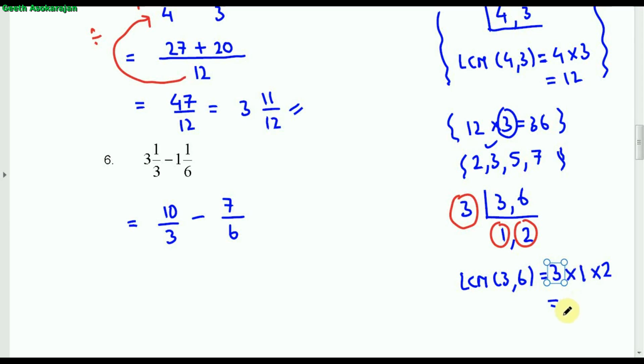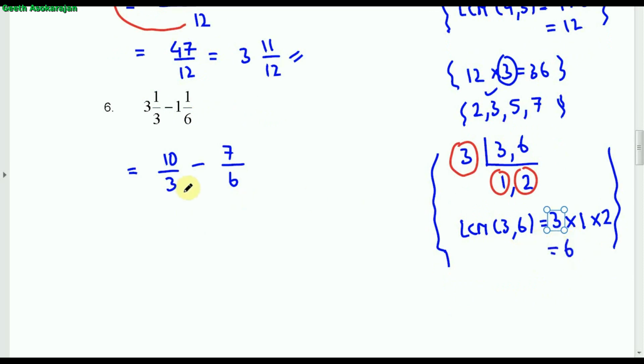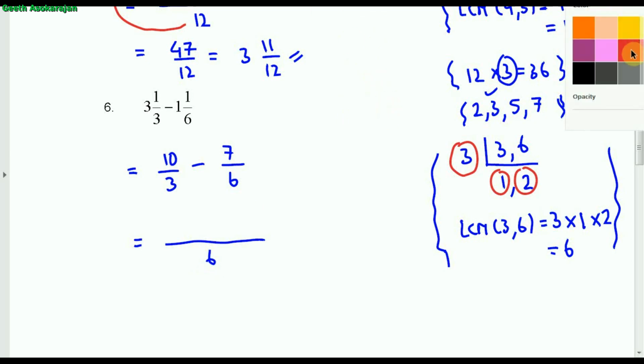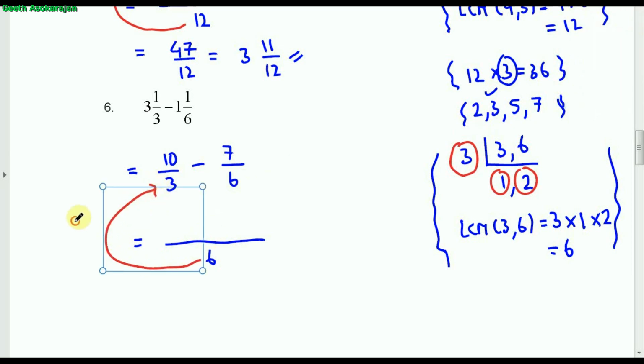So 3 times 1 is 3, times 2, 6. Right, so the LCM is 6 for 3 and 6, so we write down that 6 here. So 6 will be the denominator of the resulting fraction. And remember the idea now. So if I take my red pen, I divide that 6 by the denominator, multiplying the answer of that with the numerator.